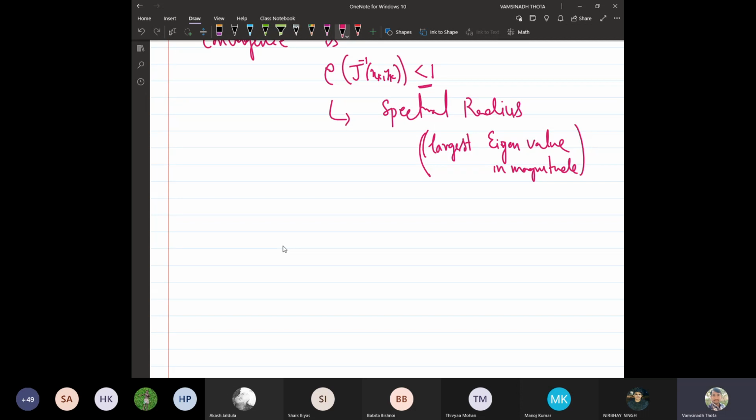We can stop the iteration process if the absolute difference between two successive iterations for both the variables is less than the error tolerance.